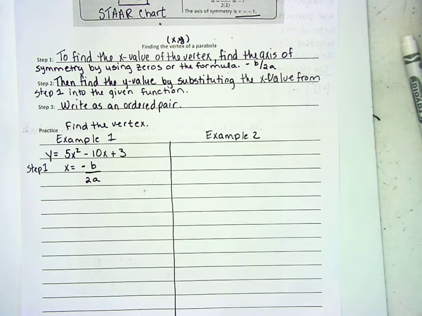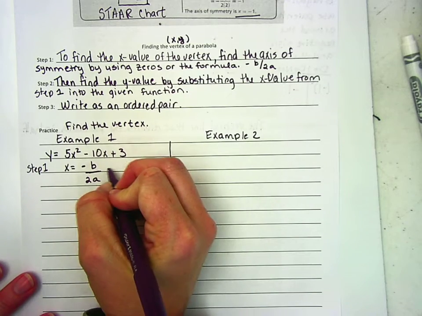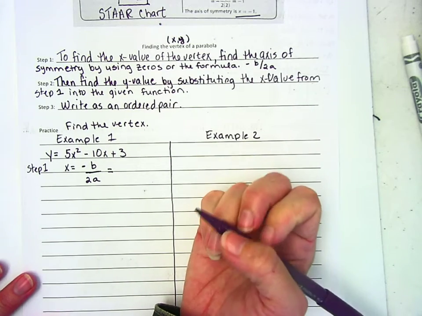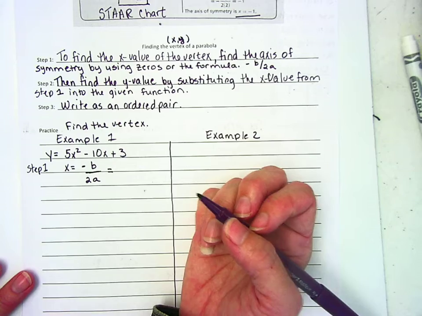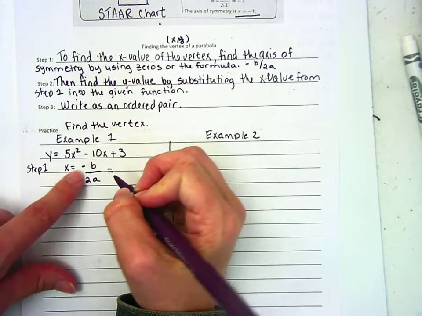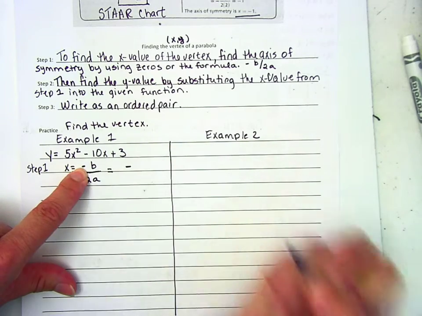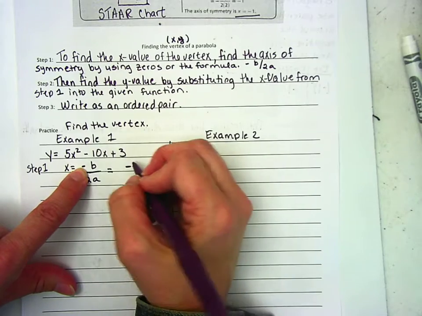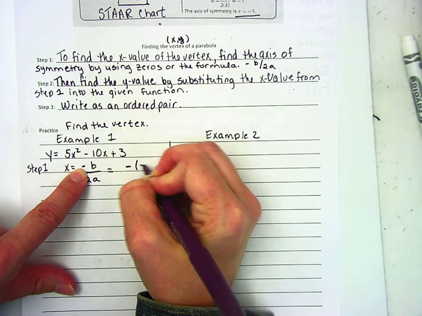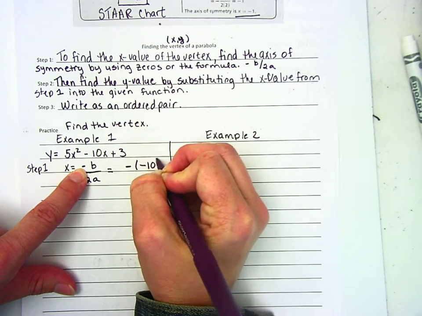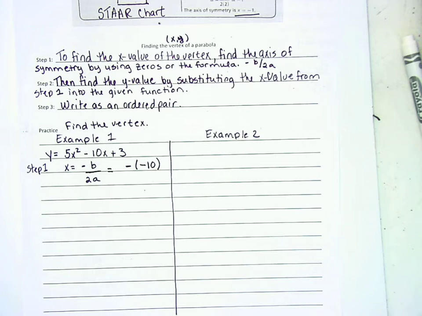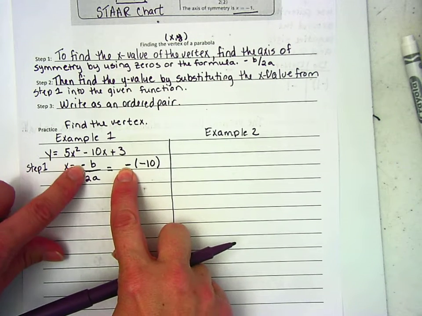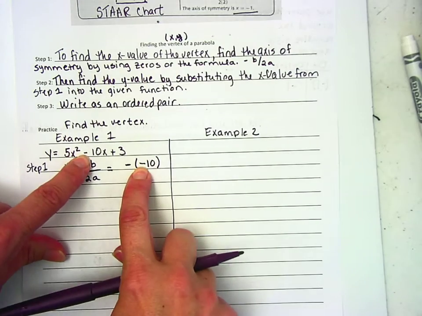This is the only part that gets a little tricky, making sure that you plug in the right numbers in the right spot. What number am I plugging in for b? Okay, I'm going to use the first negative. Negative, open parentheses, my b is negative 10, close parentheses. The first one is from the given formula, the second one is from the value of b.